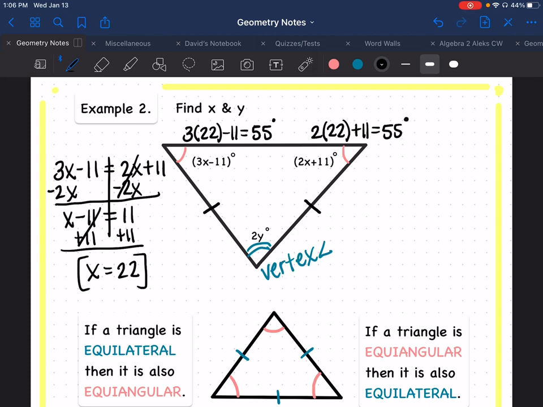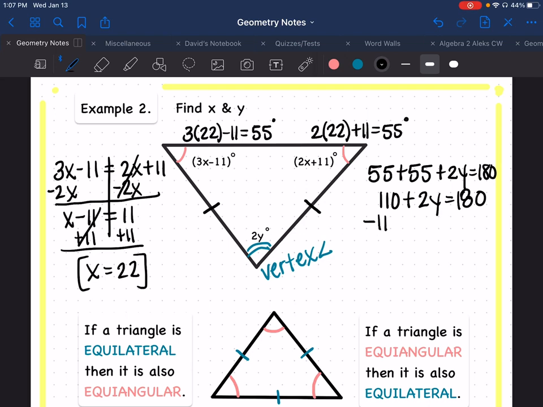All right, so what I know is that 55 plus 55 plus 2y has to be 180 because that's what the triangle sum theorem says. The three angles of my triangle must add up to 180. I'm going to combine my like terms. So 55 and 55 is 110. There we go, give myself a little bit more space.